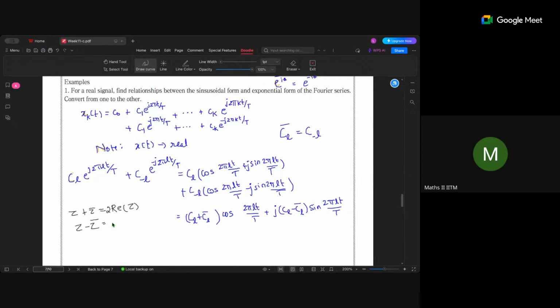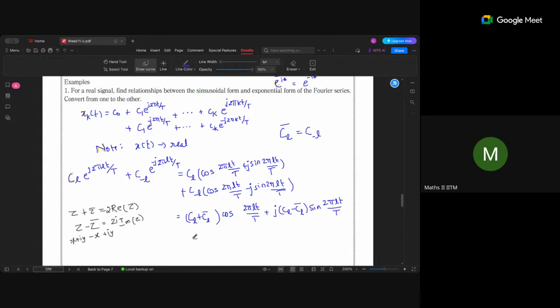You take x plus iy minus (x minus iy), so you will get 2i times the imaginary part of z, right? So the exact same thing we are going to apply here.